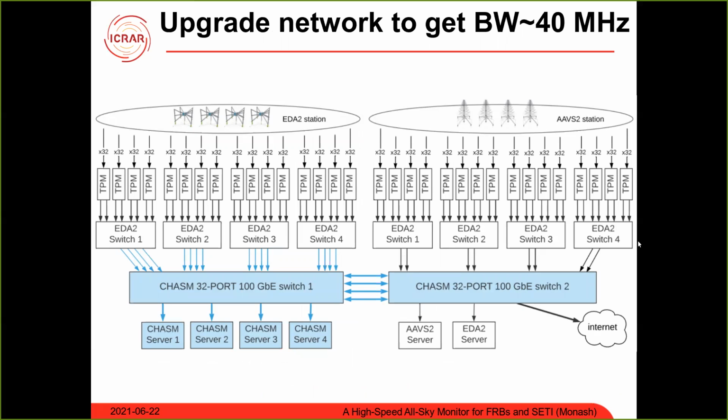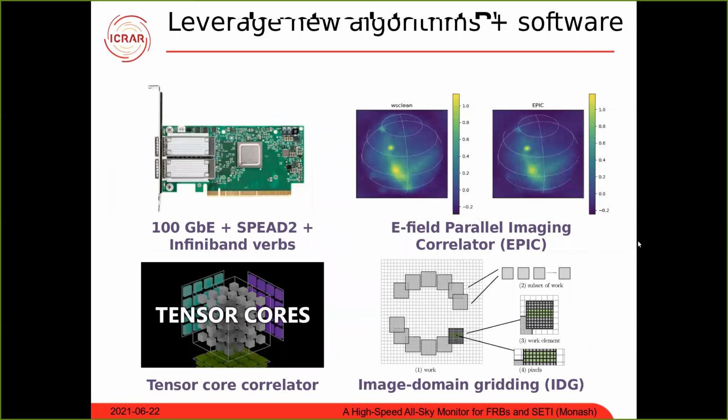To get there, we actually need to upgrade the network infrastructure a little bit. The blue elements here are the new parts. We need to have a 100 gigabit switch per station, and then at least 4 data acquisition computers which will record the data and analyze it in real time, running software on GPU cards, both for imaging and searching for dispersed pulses.